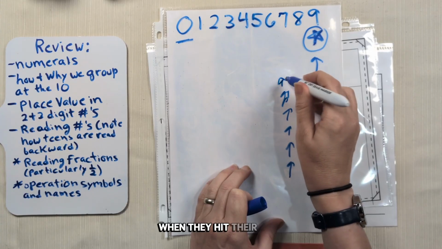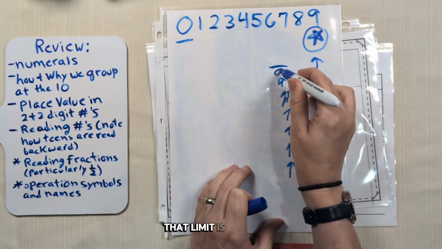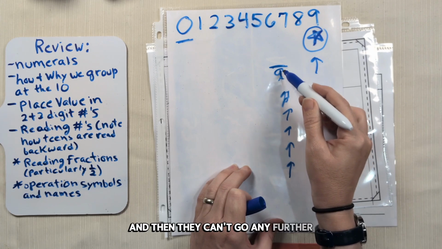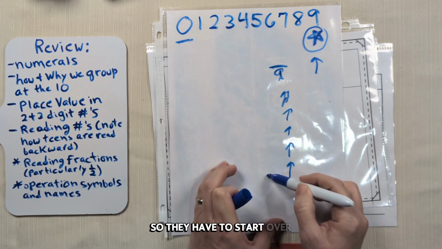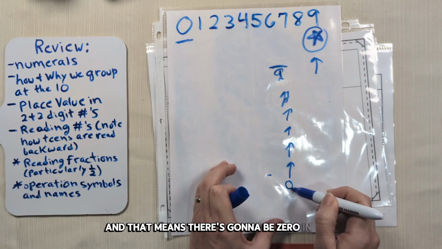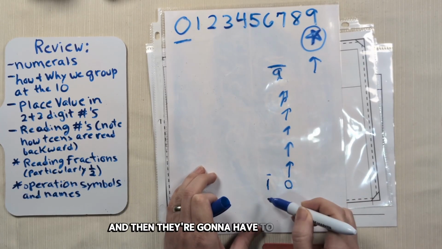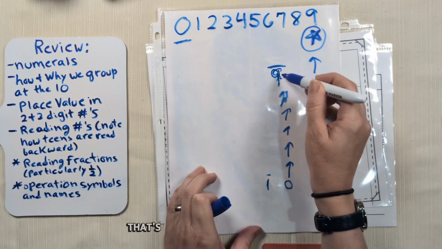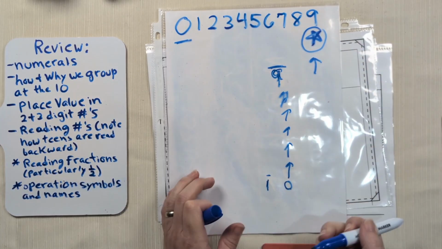When they hit their limit, that limit is 9, right? And then they can't go any further. So they have to start over, and that means there's going to be 0 in here, and then they're going to have to be 1 here. So emphasis on that 9, that's when we run out of numerals.